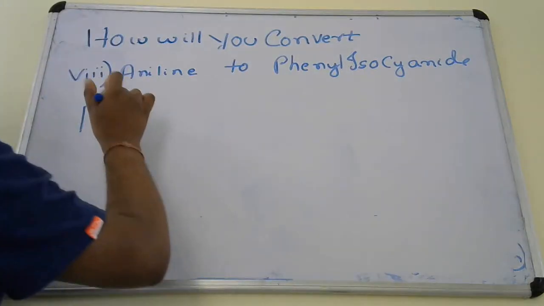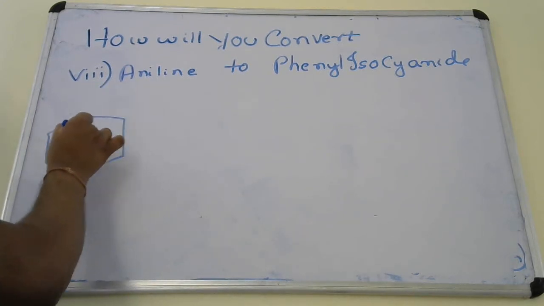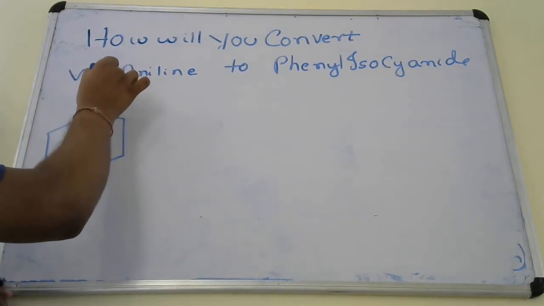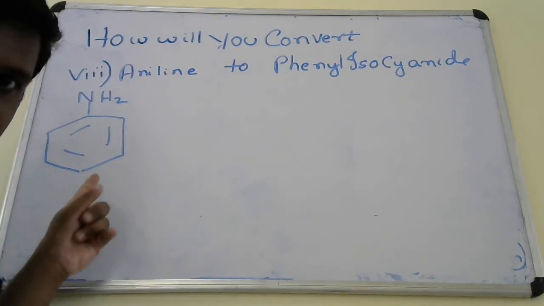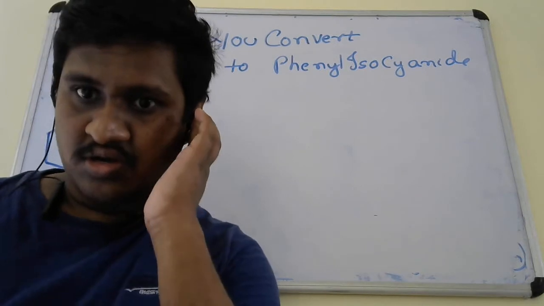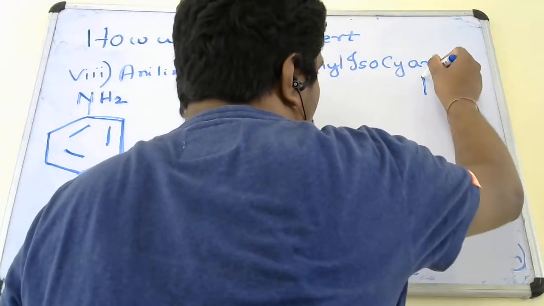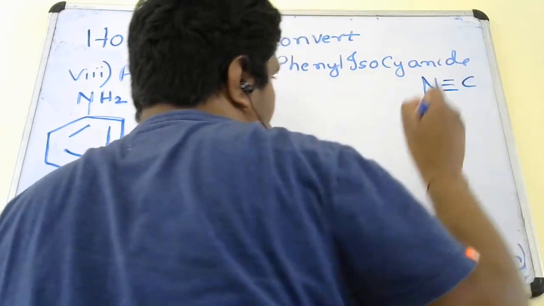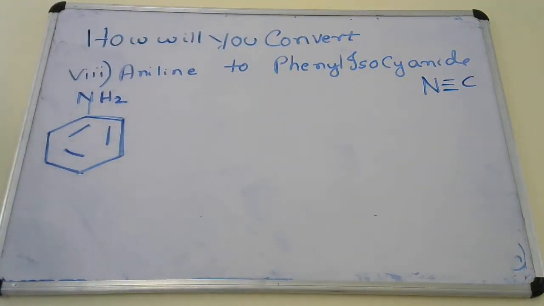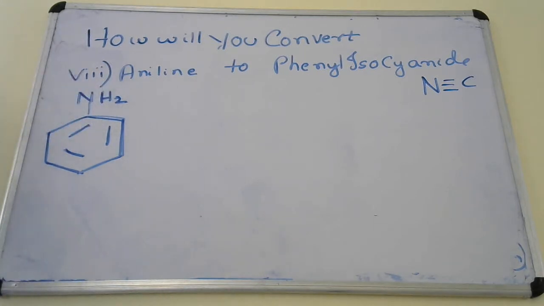First we draw the structure of aniline, the starting compound. This is your aniline, benzene with NH2. Phenyl isocyanide: remember, an isocyanide group means when cyanide is linked through nitrogen, it is called isocyanide.